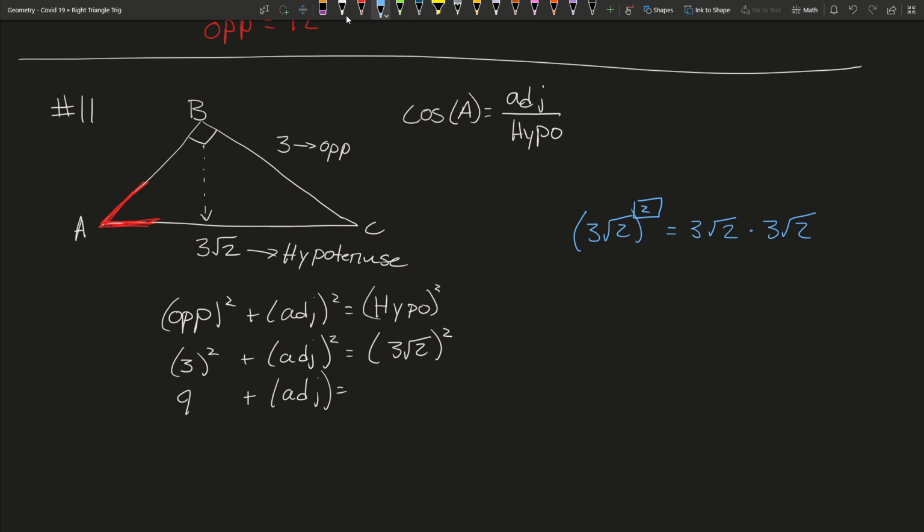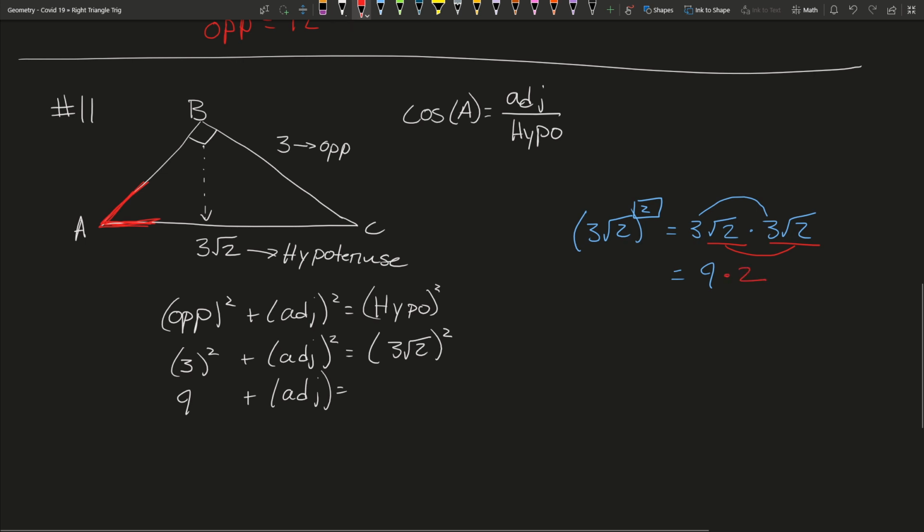All right, so these constants on the outside, the coefficients, we can multiply those two things together. So 3 times 3 is 9. And then square root of 2 times square root of 2 is just 2.